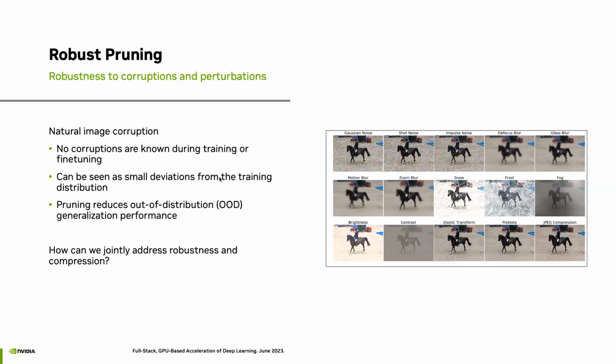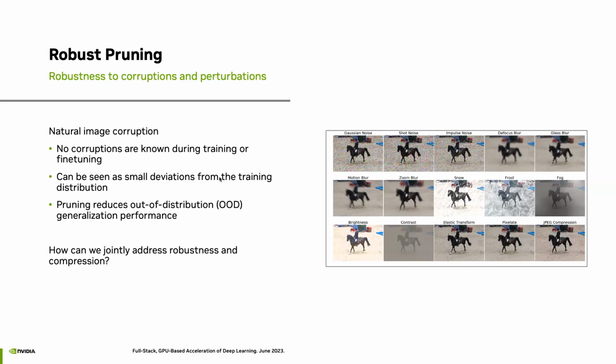So it is very critical that our model can consistently deliver promising results even under this kind of out of distribution data. Unfortunately, there will be no corruption known during the training or fine-tuning process, and we find that the pruning tends to harm the generalization ability of the model.